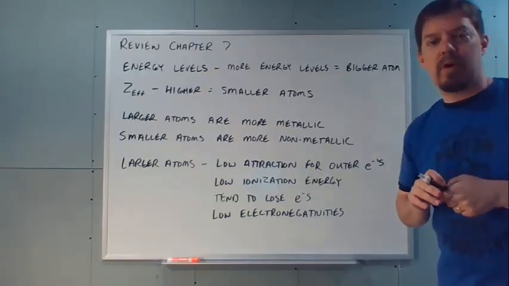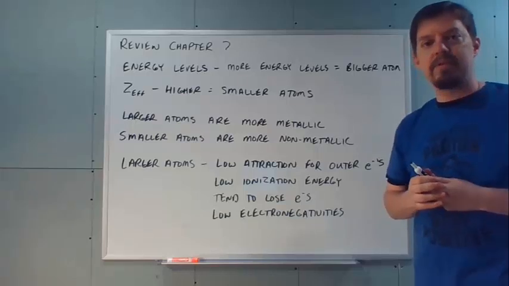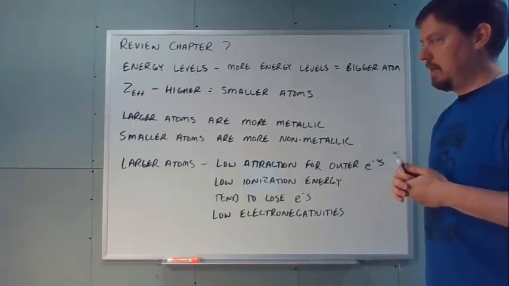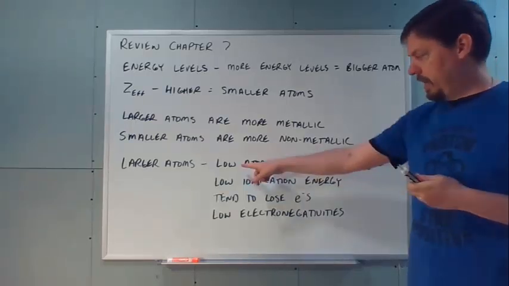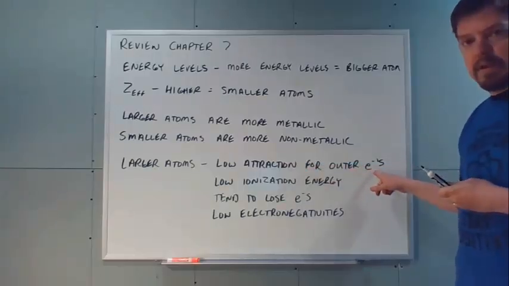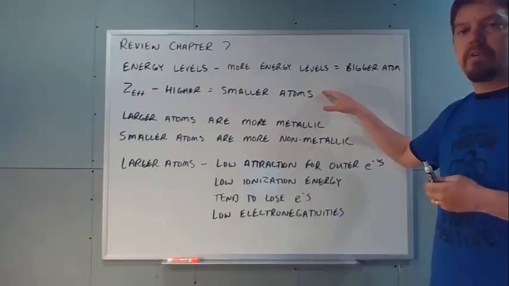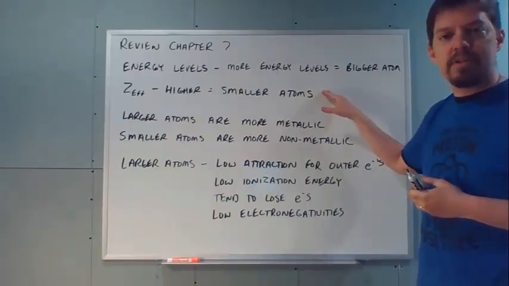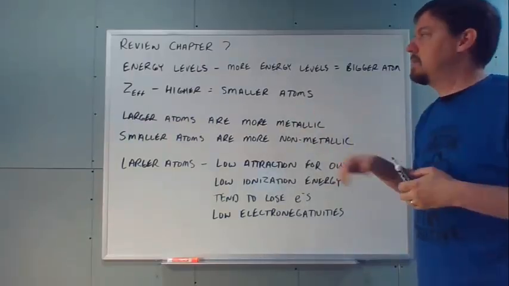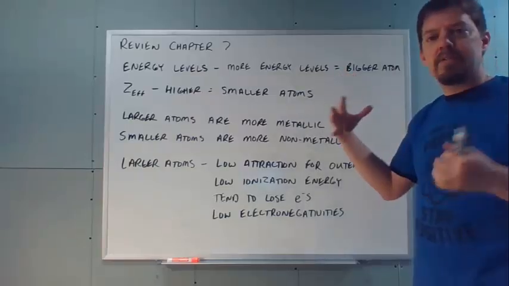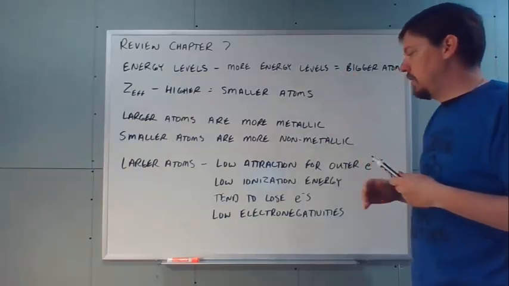So what about smaller atoms? Well, I'm not going to write it all up here, but you should be able to get from this that smaller atoms are going to have a high attraction for their valence electrons, right? That's why they're so small, because the effective nuclear charge is really, really strong, so it's pulling the electrons in, or they have fewer energy levels, so the electrons are close to the nucleus.